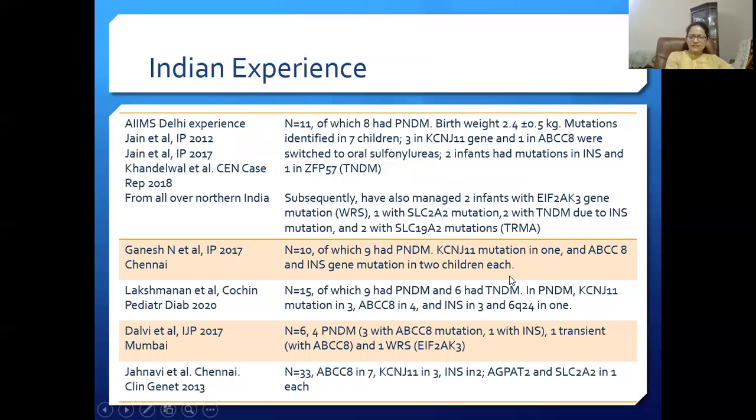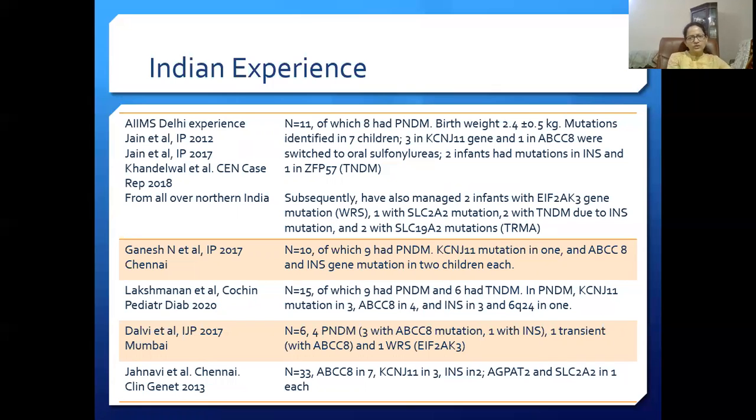Okay, coming to the last part of this presentation, that is Indian experience with neonatal diabetes. Starting with our own experience at AIIMS Delhi, we've published a few papers, and one was a case series in which we described 11 babies, of which 8 had permanent neonatal diabetes.